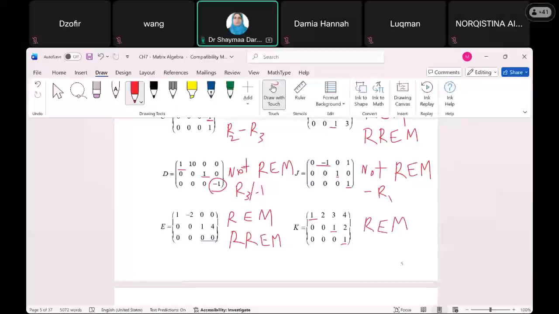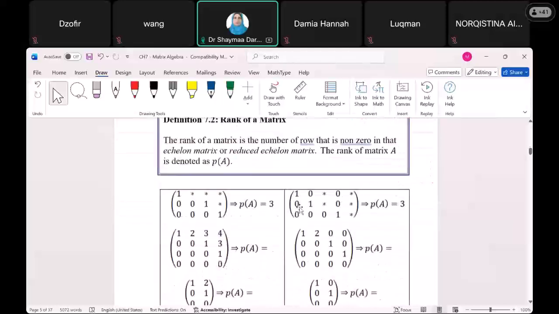Yes, row but not reduced, because we have a leading one with 0 here. Also, this leading one have 0. So not reduced echelon matrix. So we have 2 times the row echelon matrix and reduced row echelon matrix.